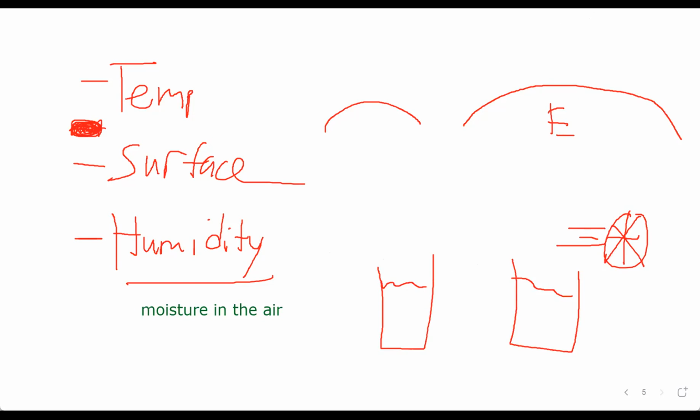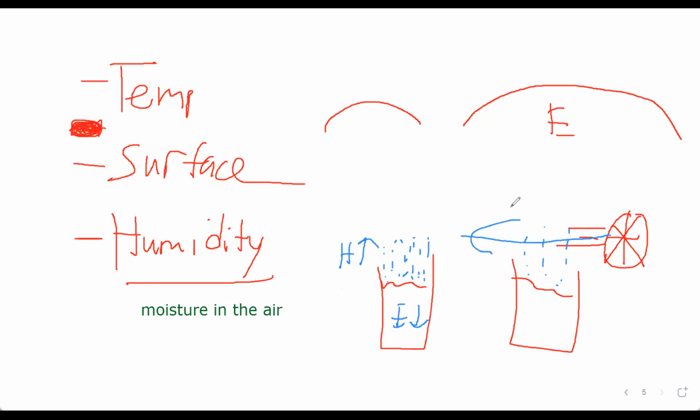Why? Because if you think about it, as this thing evaporates, there will be moisture in the air, right? So when the humidity is high here, this thing will slow down on its evaporation already. But as this thing evaporates, every time it evaporates, the wind blows it all away.